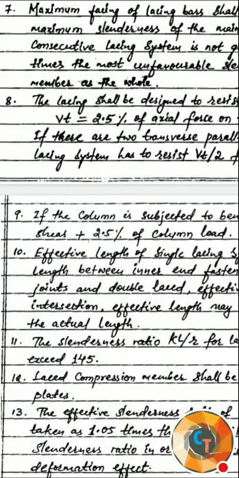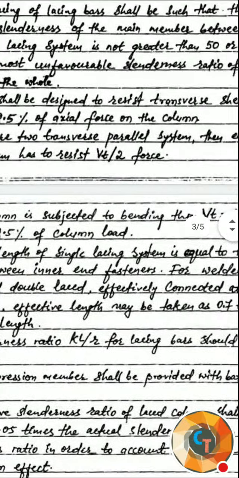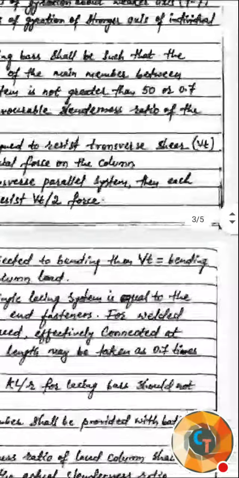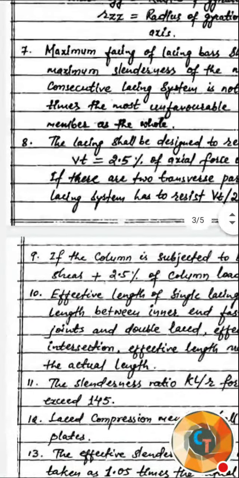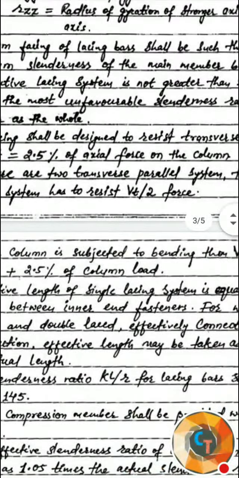If it is also subjected to bending, like uniaxial and biaxial columns in RC sections, then VT increases. For academics, compression members do not have bending effects, only one force is taken into consideration, but you must still know that under bending, the bending shear needs to be added to 2.5% of column load.